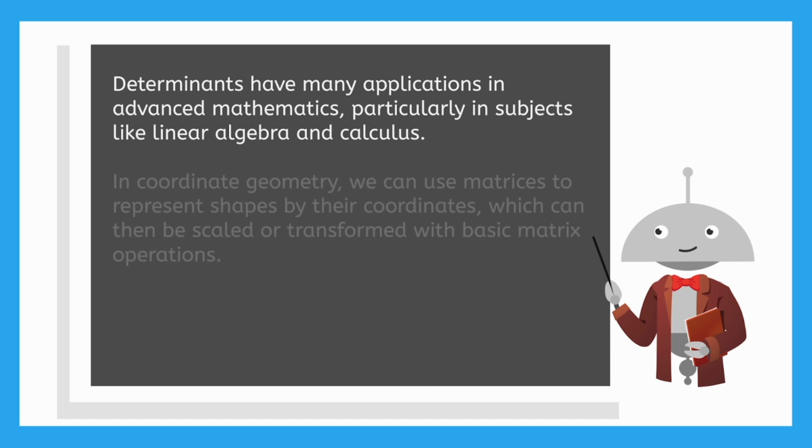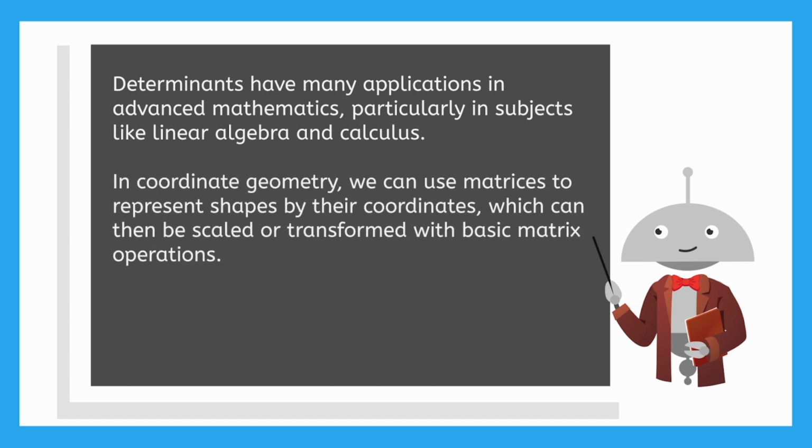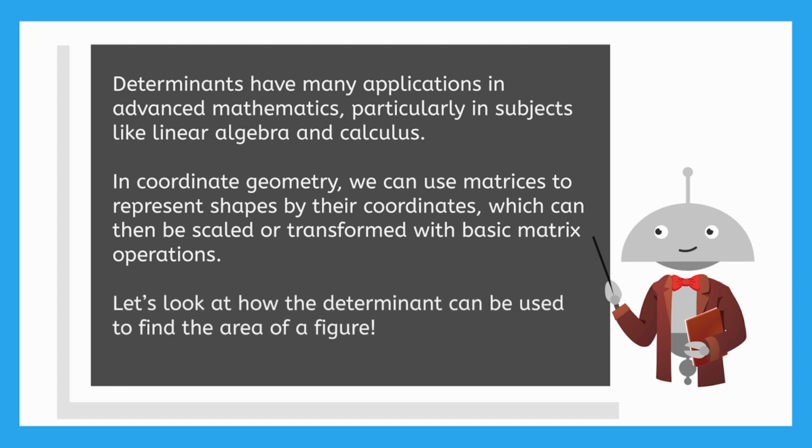In coordinate geometry, meaning figures in the coordinate plane, we can use matrices to represent shapes by their coordinates, which can then be scaled or transformed with basic matrix operations. In this lesson, we will look at how the determinant can be used to find the area of a figure. We'll start by looking at a parallelogram.